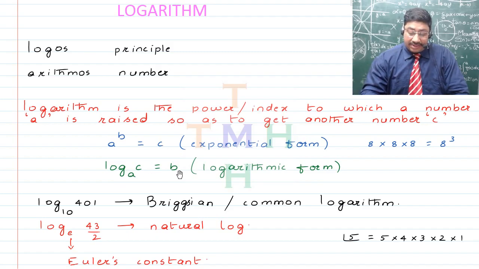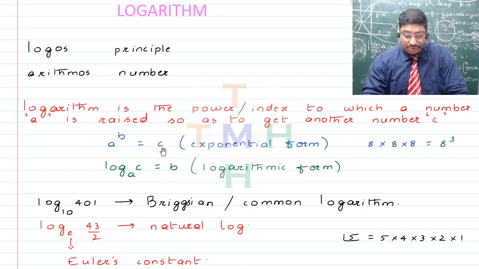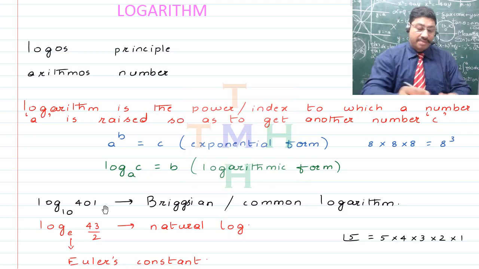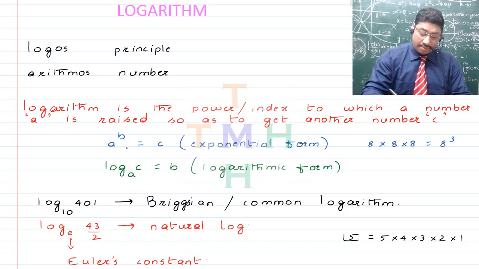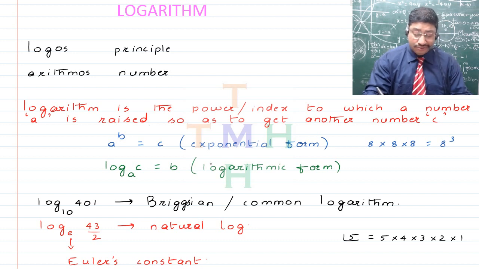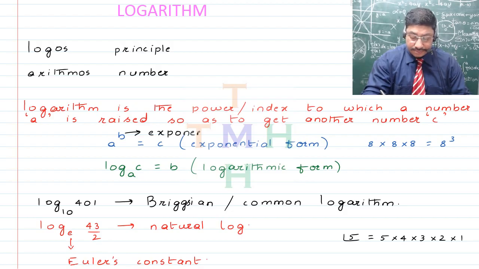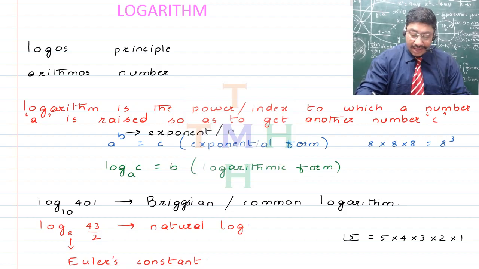So here this is the logarithm, that is, this is the value of the logarithm, right? And here what we have done is we are talking about log of c, that means whatever was the value, right? And the base remains the same. Now remember one thing, children, that if you talk about this form of representation, as you know this is the exponential form, we talk about b to be the exponent, or it is also known as the index, or it is also known as the power.